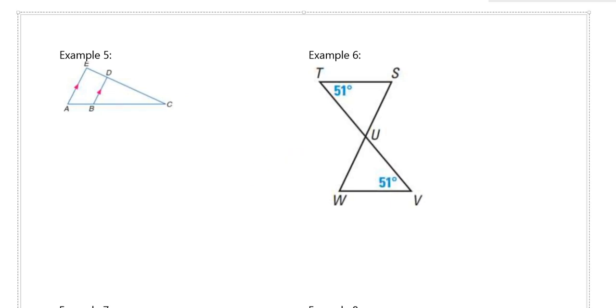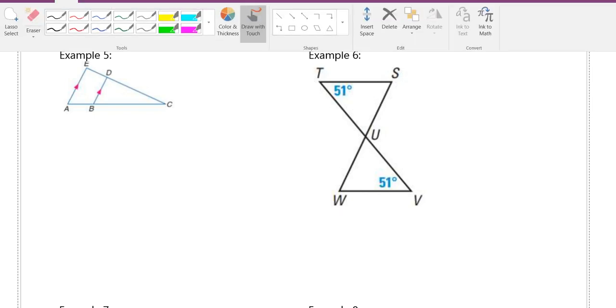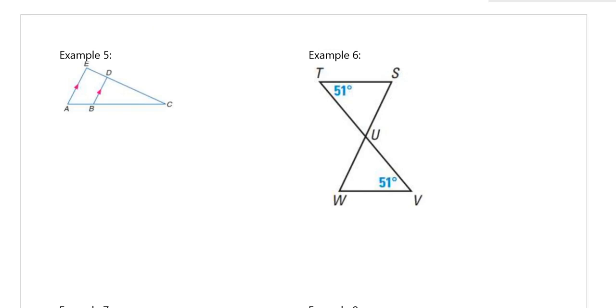Looking at example 5. Remember, these little lines are showing me that these two lines are parallel. As soon as you have parallel lines, you are looking for your corresponding angles. As the parallel line runs here, it's this angle and this angle.